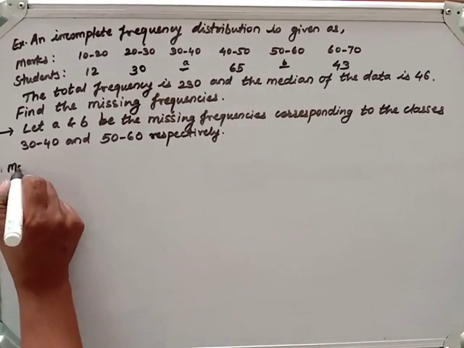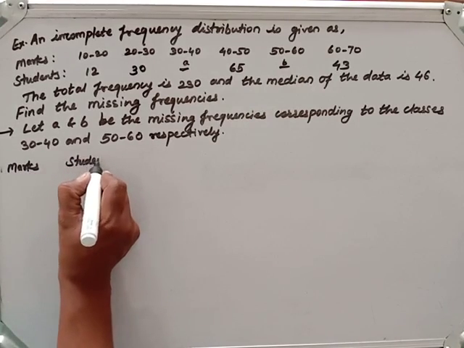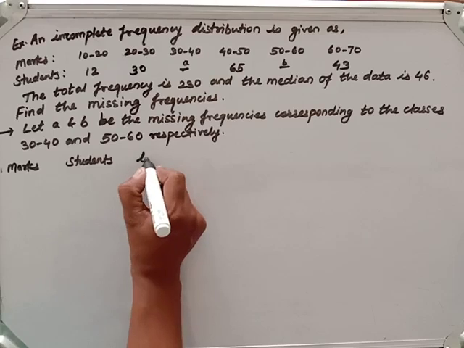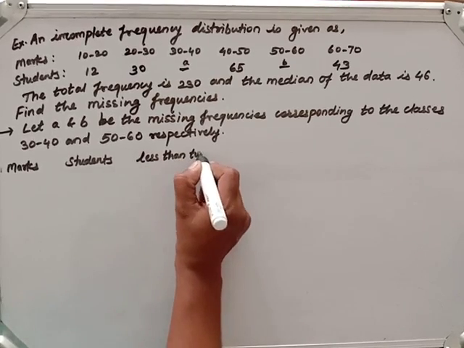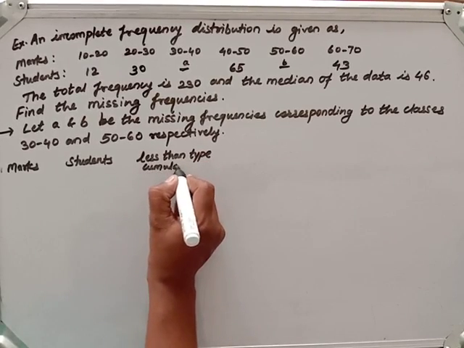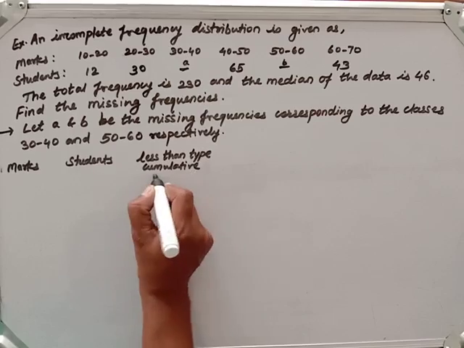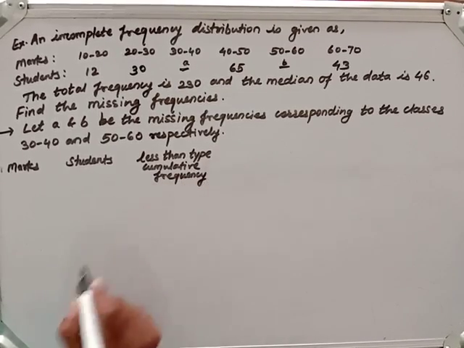So let me write marks, students, and less than type cumulative frequency. This is required. Fine.